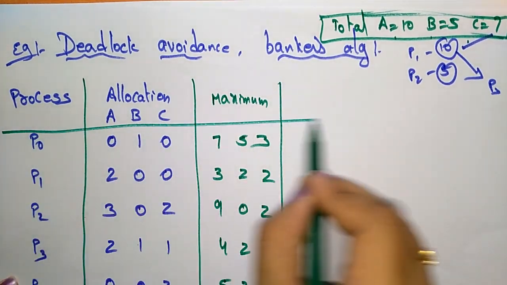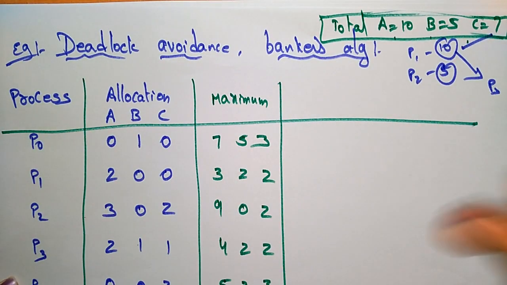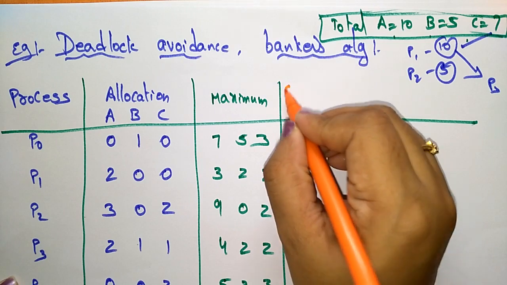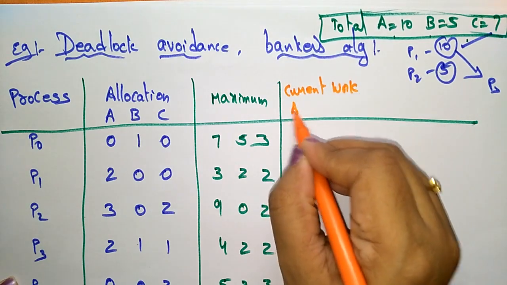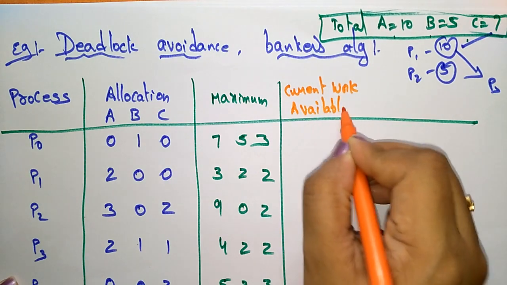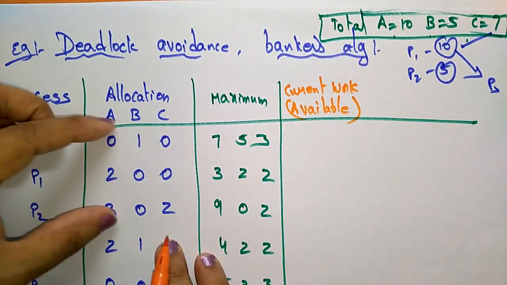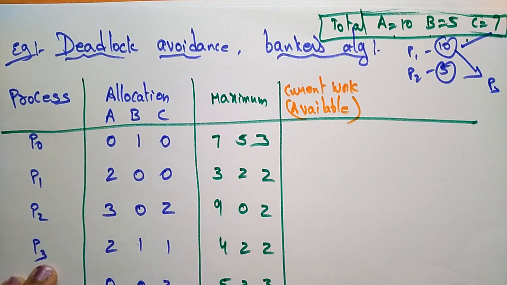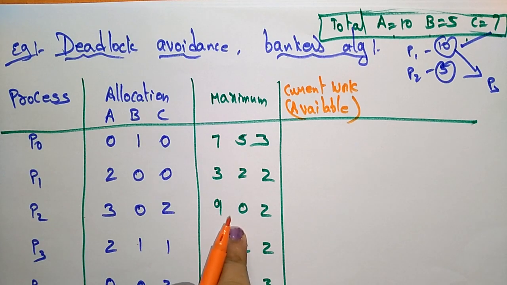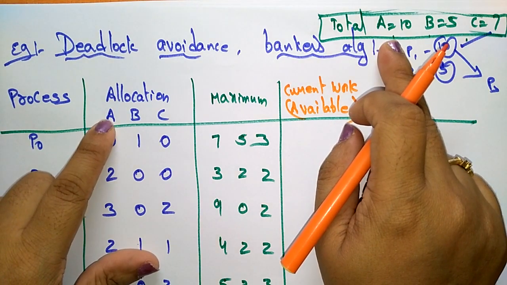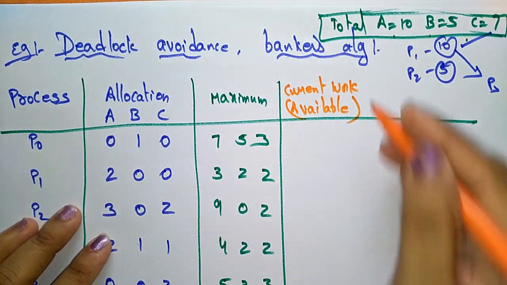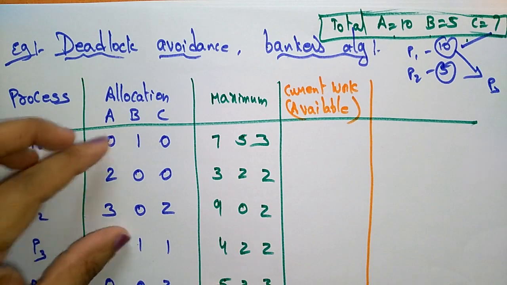Now I have to find out the current work, that means the available. Each process's allocation is given, the maximum we know, and the total resources we know, but we want the current work, how much work it has to handle.